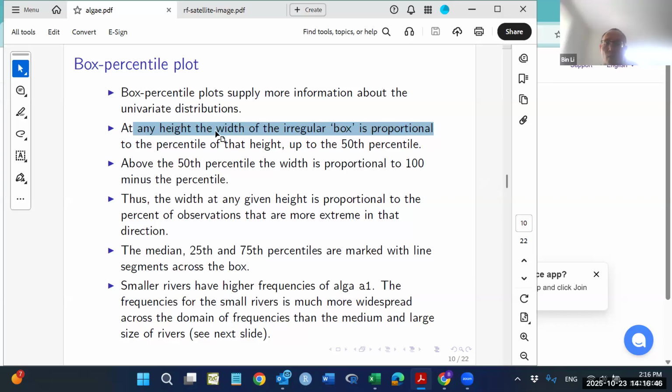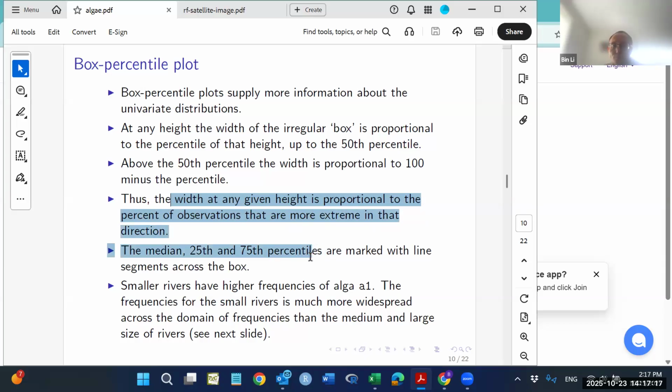At any height, the width of the irregular box, which you will see here, is proportional to the percentile up to the 50th percentile. When it's above the 50th percentile, the width is proportional to 100 minus the percentile. So the width at any given height is proportional to the percent of the observations that are more extreme in that direction.